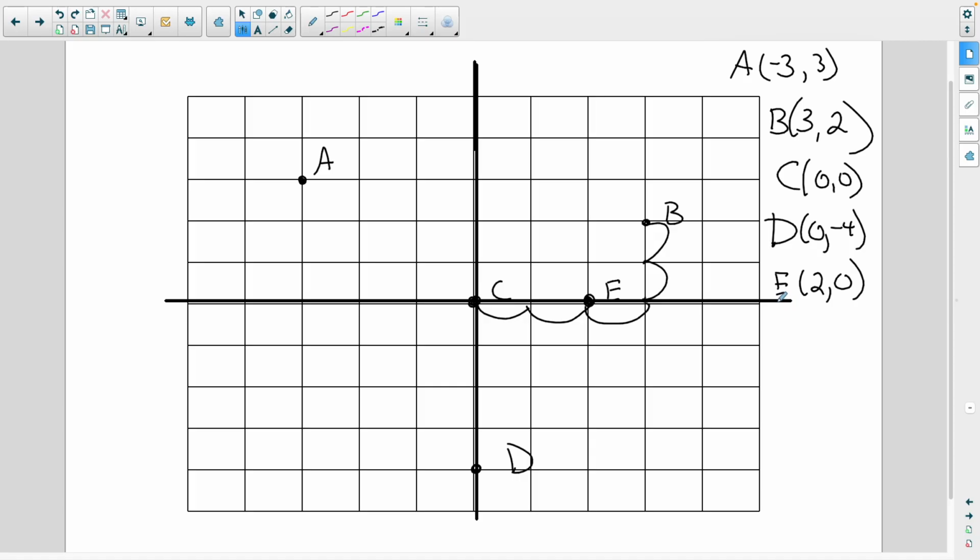Now, these are two special types of points that we need to talk about. Notice where D is at. D is on the y-axis. And when something crosses, it intercepts.